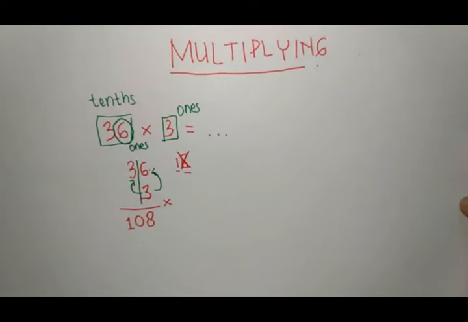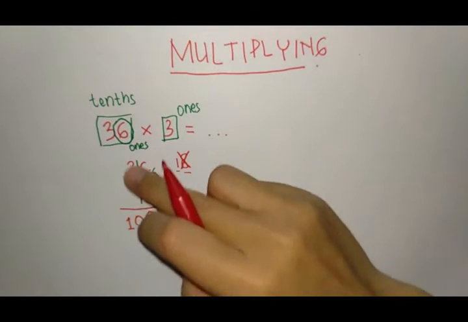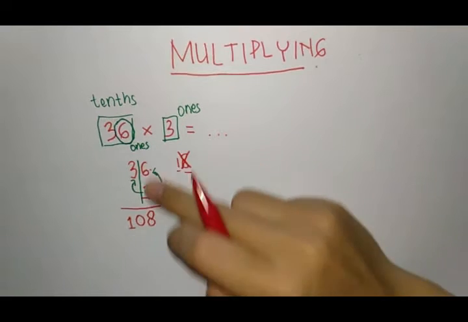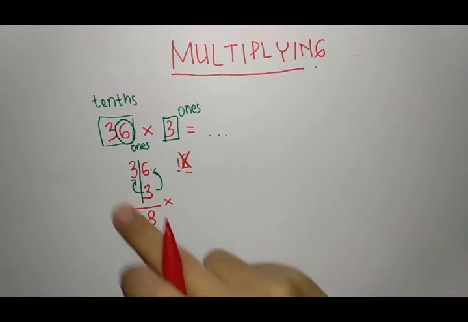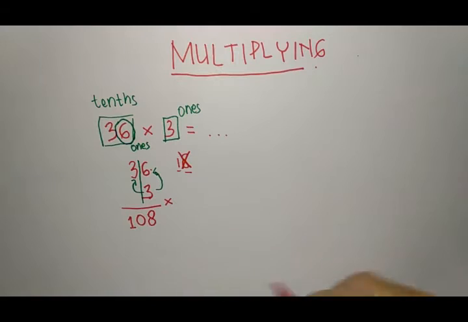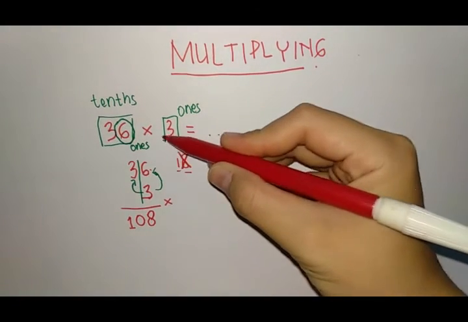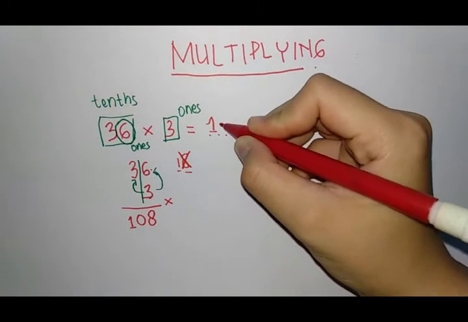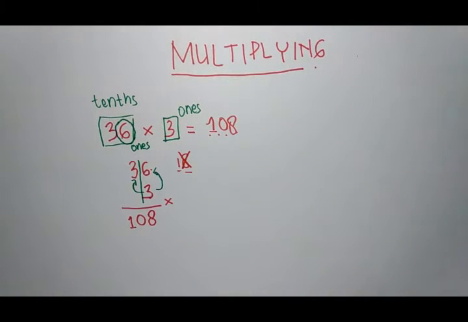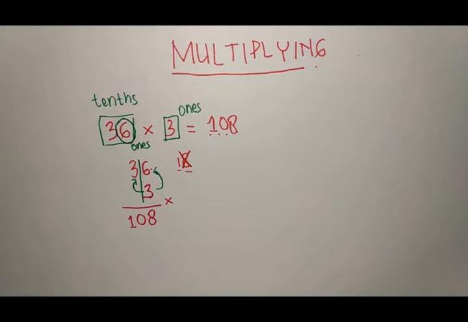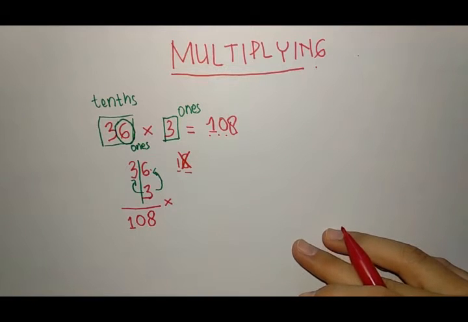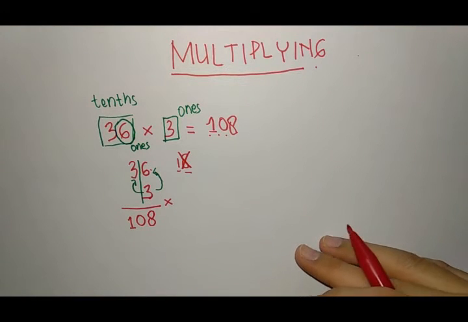But don't forget to write it under the 3. The ones, the tens and the hundreds. Okay, so 36 multiplied by 3 equals 108. So easy, right? Okay, this example is about multiplying by a one-digit number.